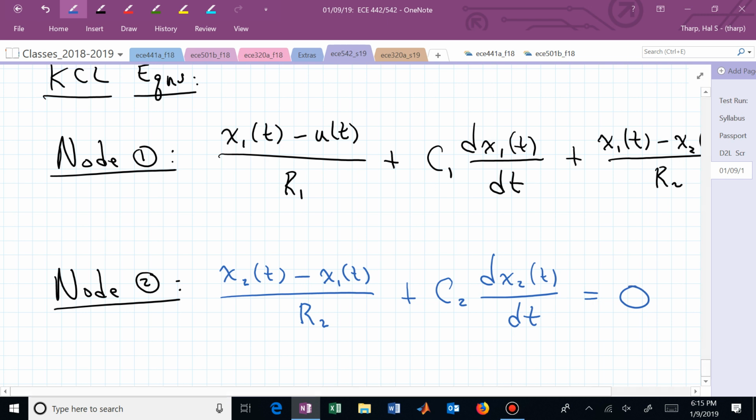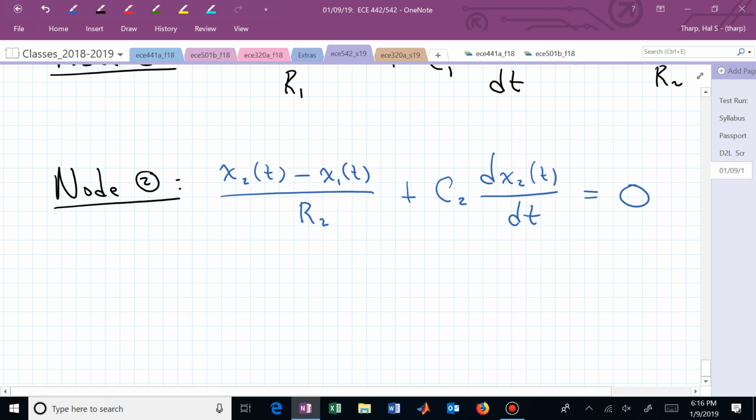There is my second order system. It's a set of first order differential equations. There's my second order system. What's my output? In this class, we usually call our outputs y's.